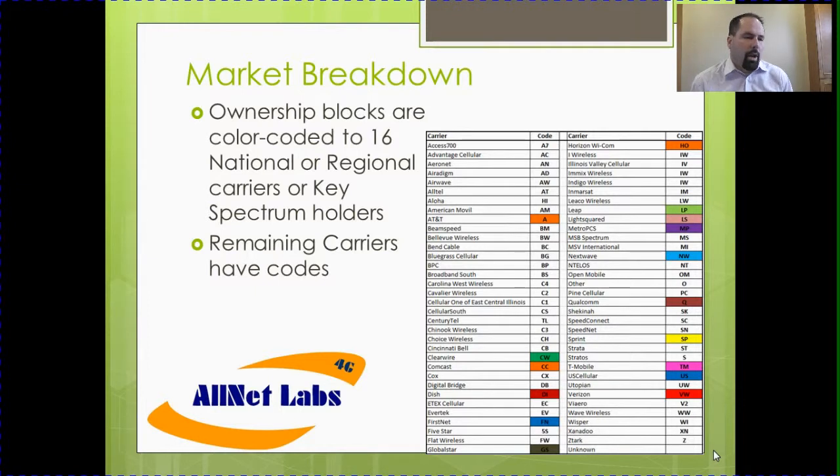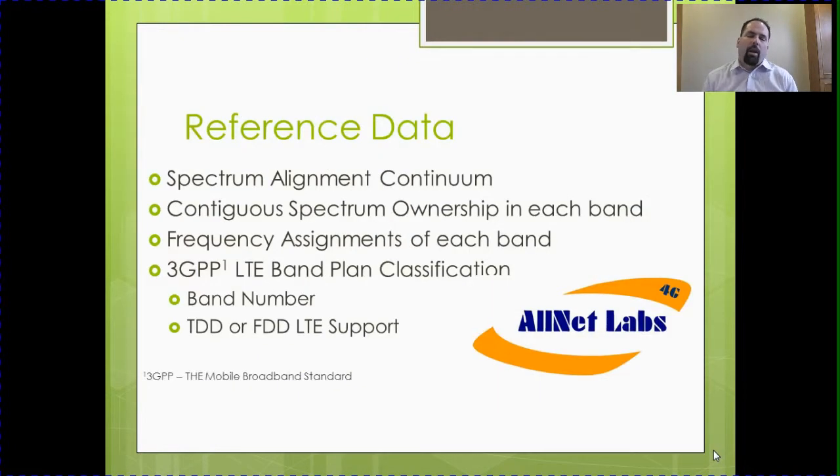In addition to indicating the spectrum ownership, we also include some reference data that starts with the spectrum continuum. So you just see a smooth flow from the 700 megahertz spectrum on the left all the way to the 2.5 spectrum on the far right. You see the different places that spectrum's being considered, from governmental use, different auctions that are going to bring additional spectrum in, and how they fit within the general spectrum picture.